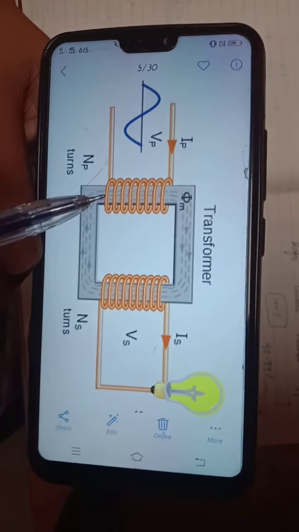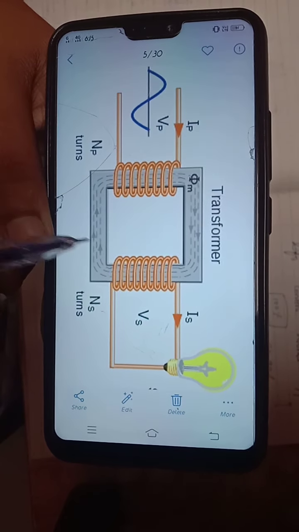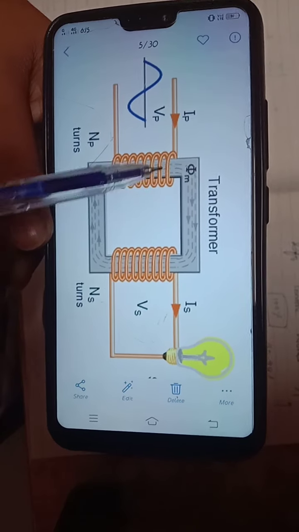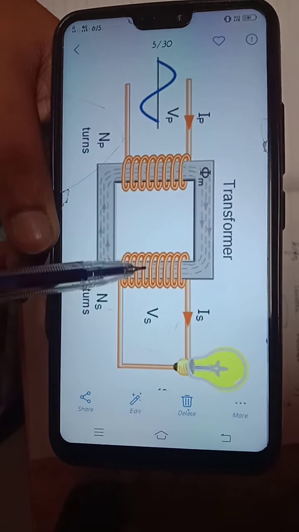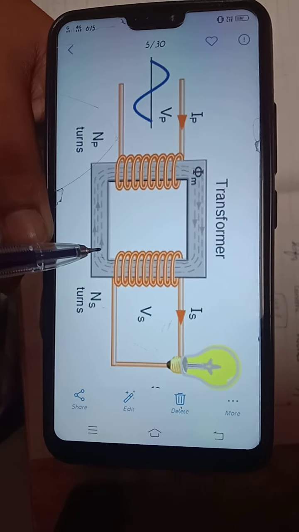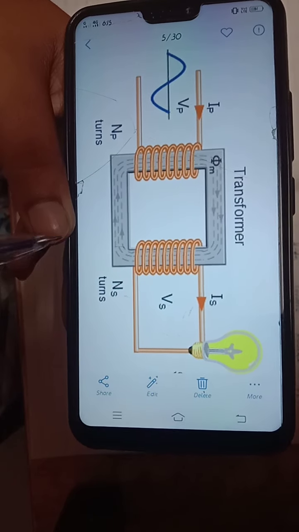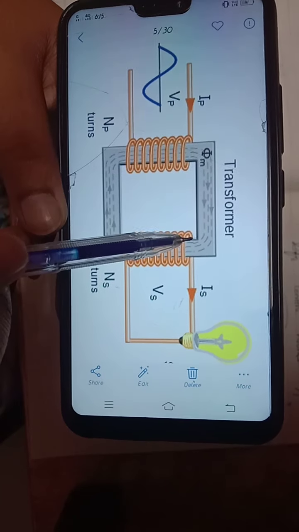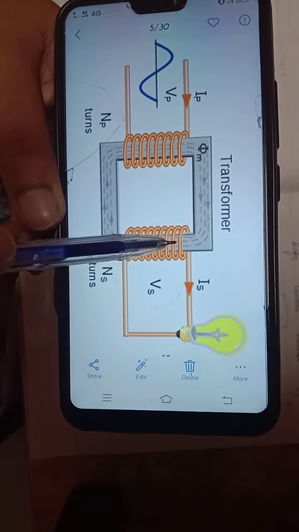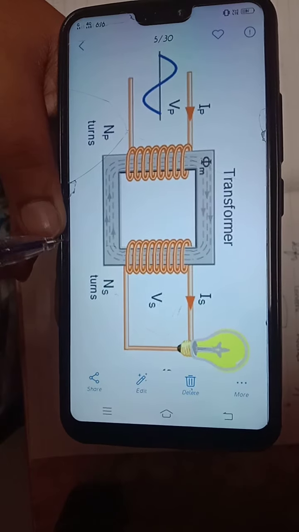So what happens when current I flows through these wires? In the transformer, current is flowing in these two coils. The primary coil and secondary coil are made up of copper wires, and in the copper wire we have resistance R. So what happens when current flows through these copper wires? When current is flowing, there is resistance, and so there takes place a power loss.